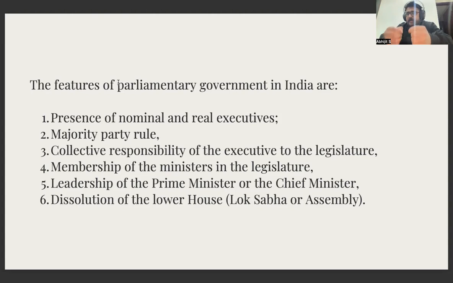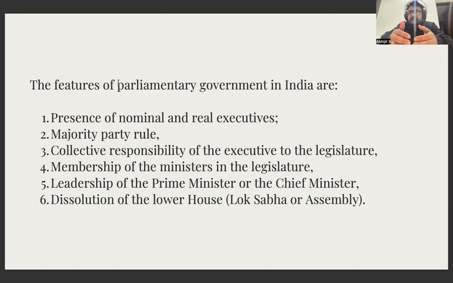At any point in time, if the parliament feels that the government as a whole, as a collective, does not enjoy its confidence, the members of the parliament, there are various procedures to this, of course, some members of the parliament can ask for a no confidence motion, and if that no confidence motion passes, it essentially means that the parliament does not have any confidence in the government as a whole, and therefore the entire government will have to resign.